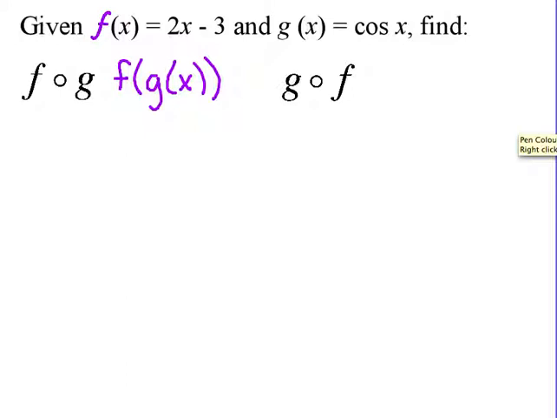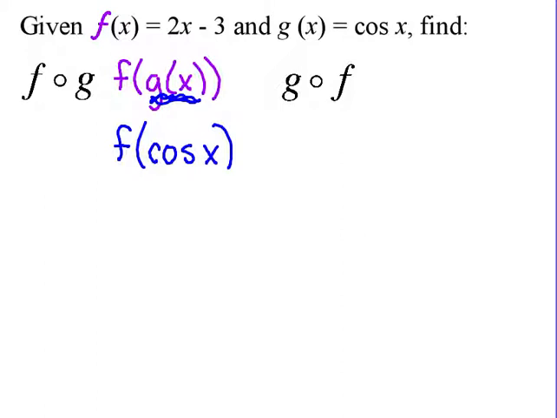So then now, order of operations states you always do what first? Parentheses. So I'm going to replace g of x with what? Cosine x. So all I did is replace g of x with what the g of x function is, cosine of x.